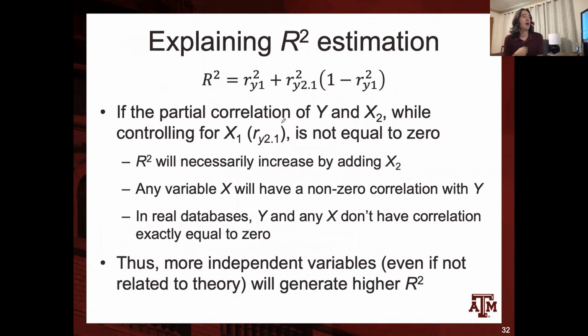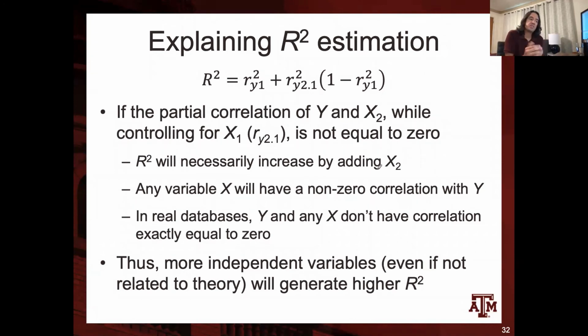And overall, the R-square, how do we interpret it? In the partial correlations, if the partial correlation of Y and X2 while controlling for X1 is not equal to 0, the R-square will necessarily increase by adding another independent variable, right?